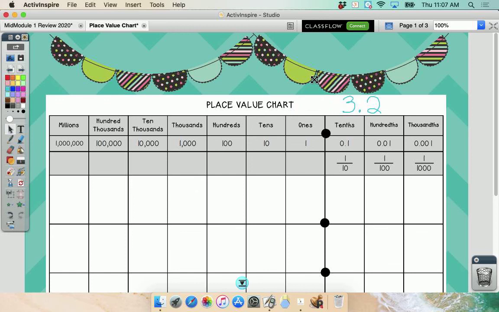To the left. How many times for 100? 2. So watch me. 1, 2. Fill in with zeros. And you're going to erase your old decimal and your tunnels. Remember how we did that?